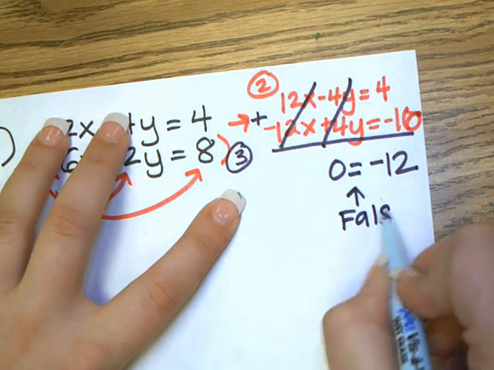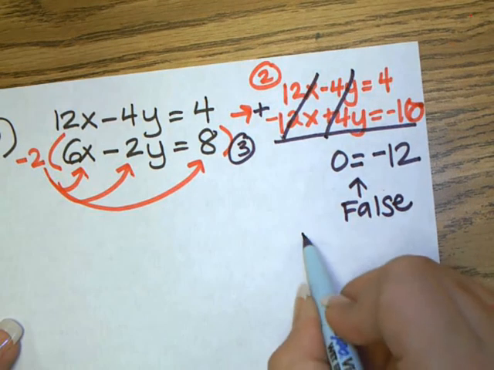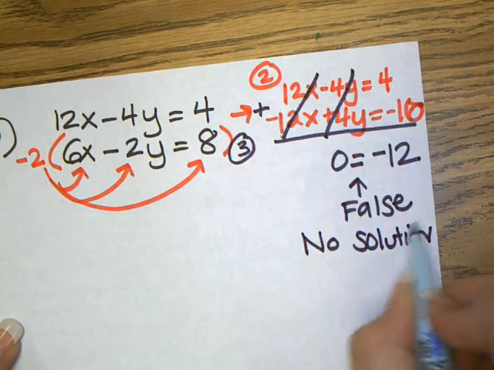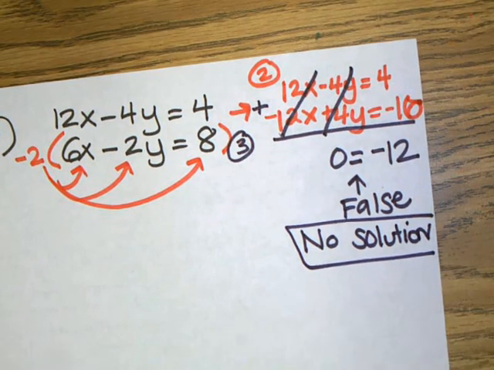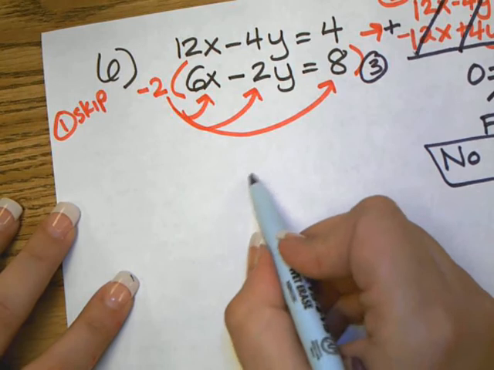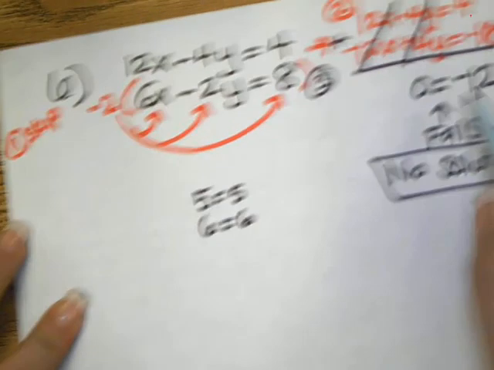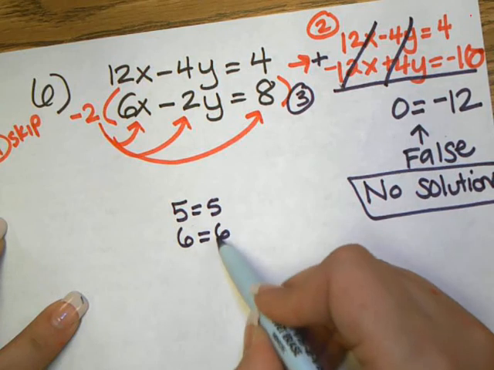Those cancel. Those cancel. So there's nothing here. But on this side we have negative 12. 0 equals negative 12. That's not true. That is false. So that gives us an answer of no solution.